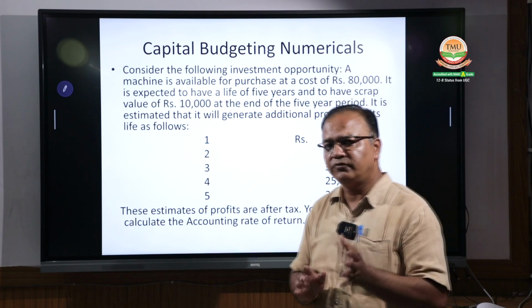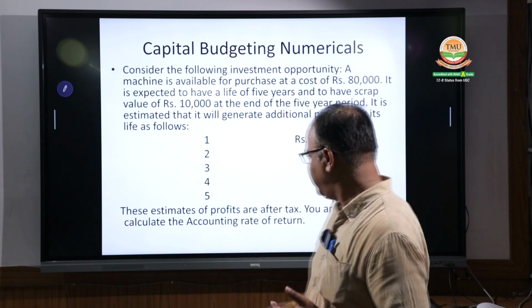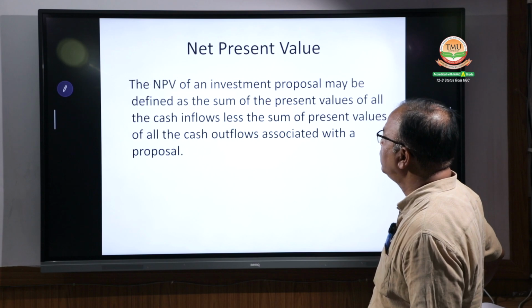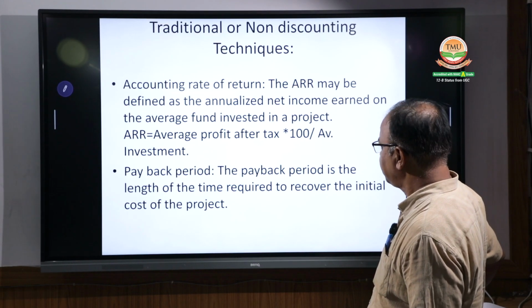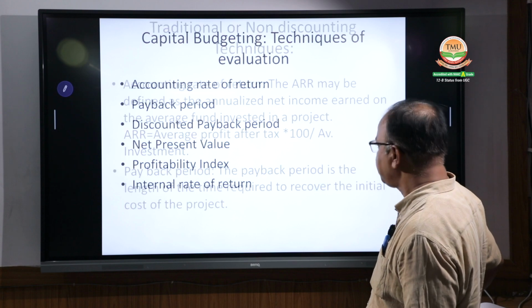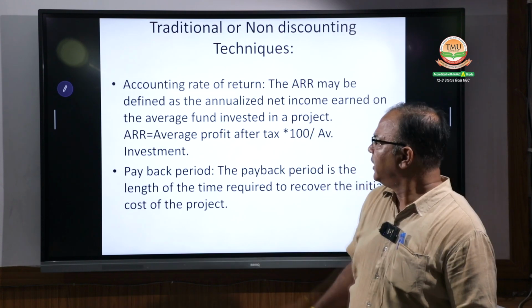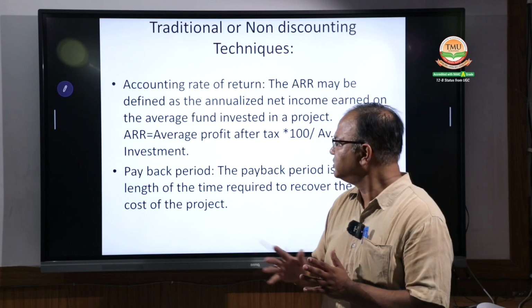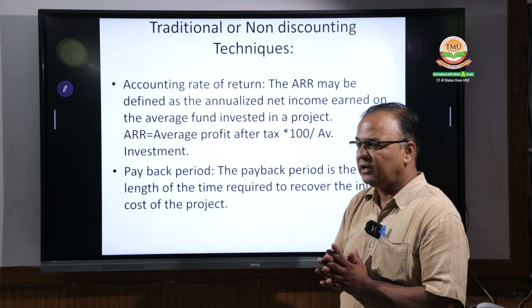This is the first technique. In the last slides, I discussed the formula, which I'm showing you. This is the accounting rate of return. Whenever you have to calculate accounting rate of return, simply you have to find out average profit after tax and average investment.